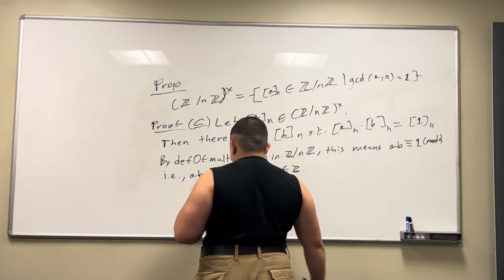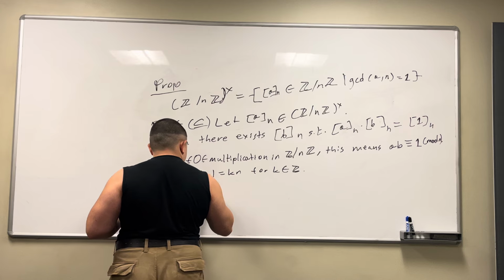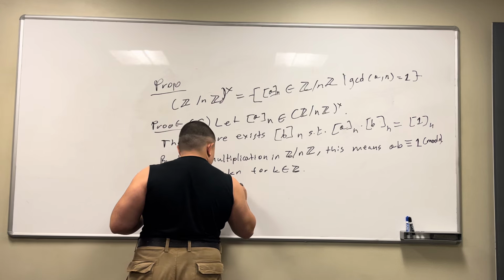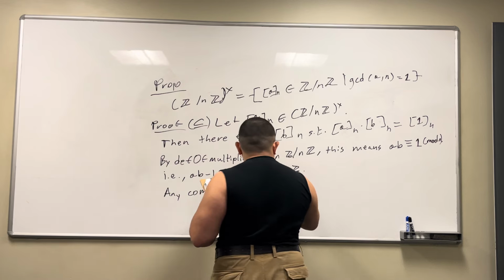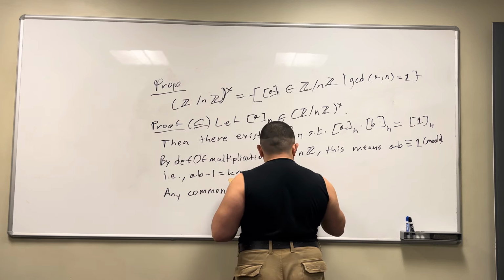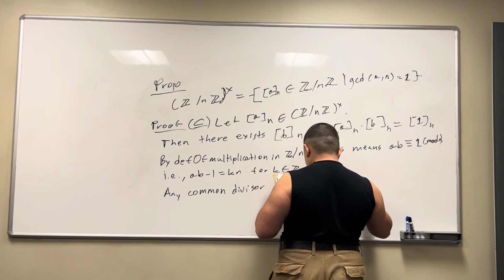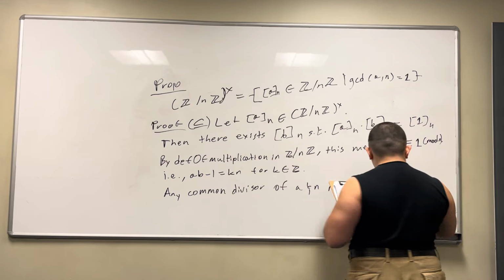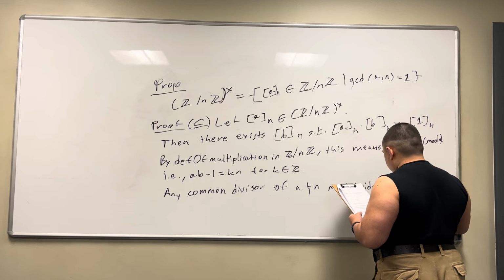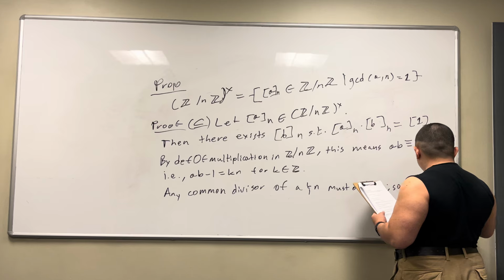Any common divisor of a and n must divide 1. So the GCD of a and n is equal to 1.